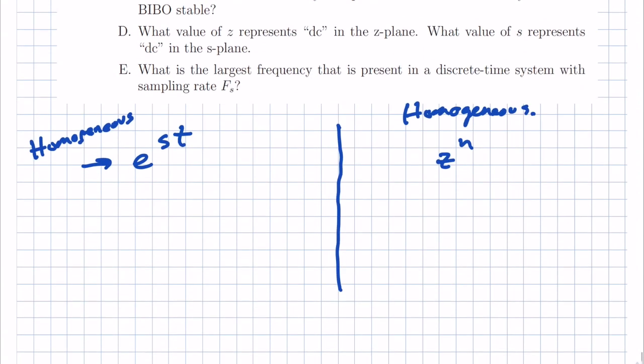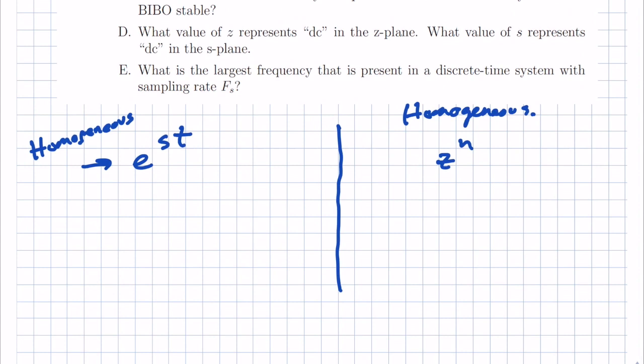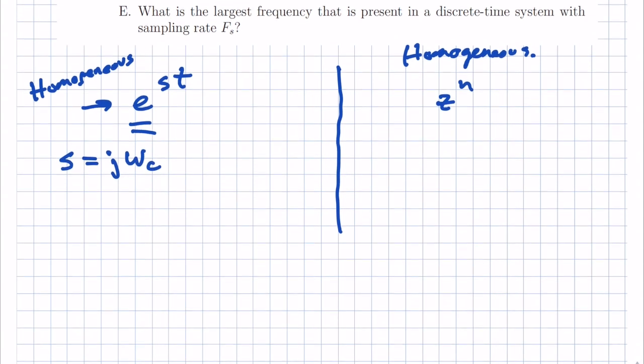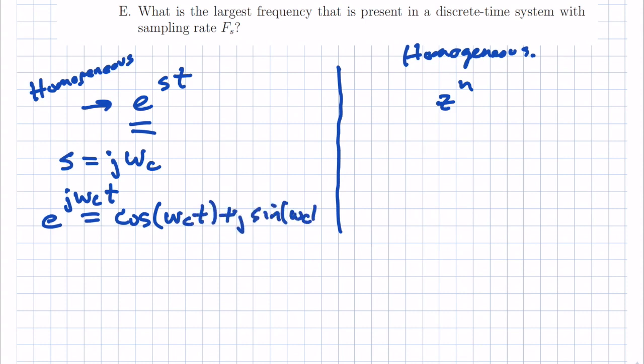Okay. So, when I start thinking about sinusoids, what value of s will generate sinusoids from this function? If we make s equals j omega, we'll put c for continuous time, then what we get is e to j omega ct, which is cosine omega ct plus j sine omega ct.